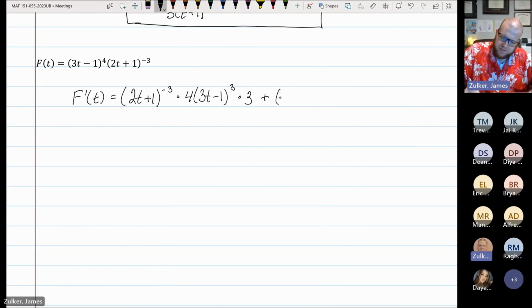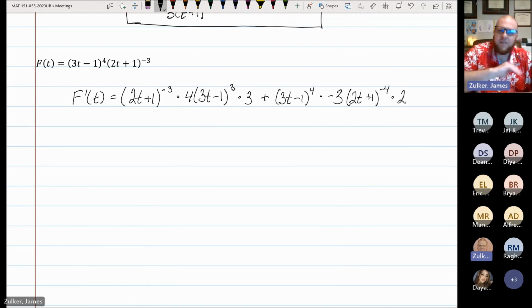Plus the first times derivative of the second, which is again a power function, general power rule. Power -3, times the function to the power -1 times the derivative of the function.